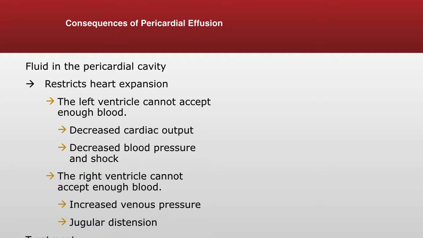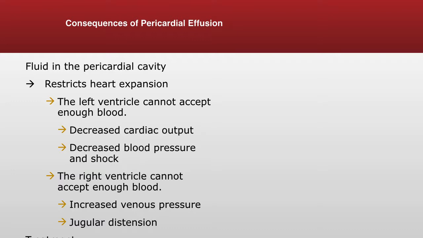The treatment, if it's small, is diuretics, NSAIDs, colchicine, or corticosteroids. If it's larger, then we're going to do a pericardiocentesis, where they actually put a needle into that area and pull off that fluid that's around the heart.